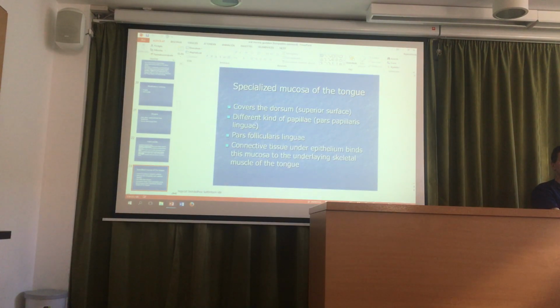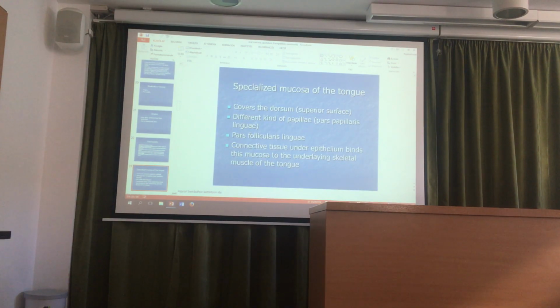The third kind of mucosa is the specialized mucosa of the tongue. It's not masticatory and not lining mucosa. It covers the dorsum, the superior surface of the tongue, because the ventral surface of the tongue is covered by lining mucosa, okay? The dorsal surface is covered by specialized mucosa.